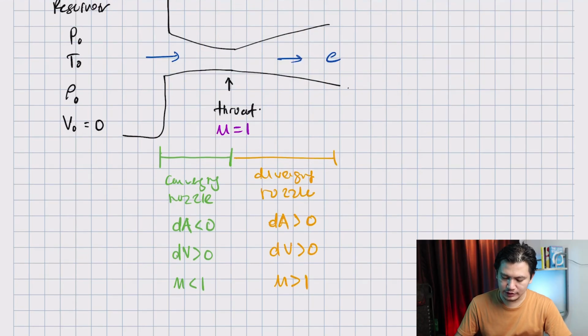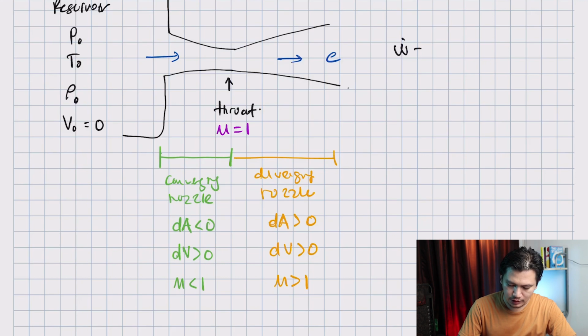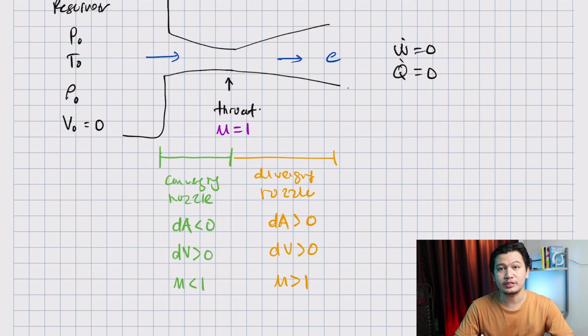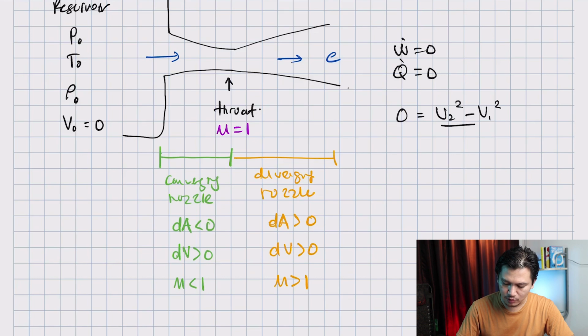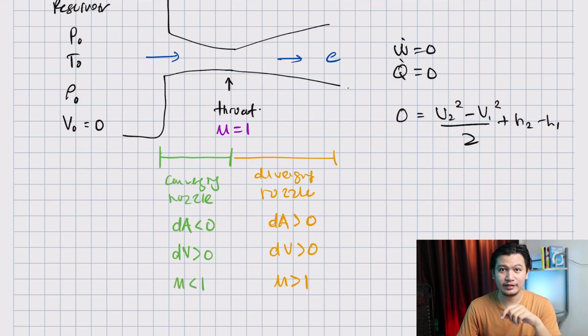And if I take the energy equation between 2 points and assuming there is no work and no heat, so W dot equal to 0, there is no work and no heat transfer, meaning the system is adiabatic. Okay, so there is no Q. Alright, so what I have is 0 is equal to (V2 squared minus V1 squared) over 2, that's the change in kinetic energy, plus H2 minus H1, that's the change in enthalpy.